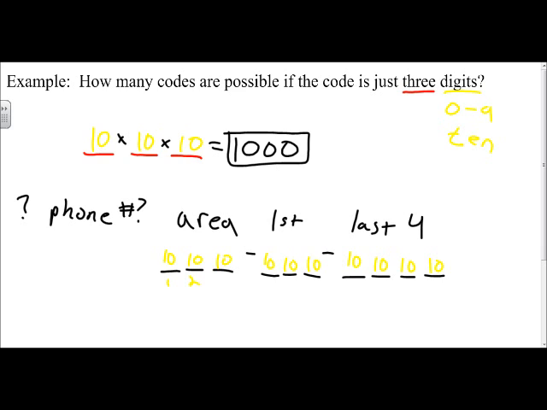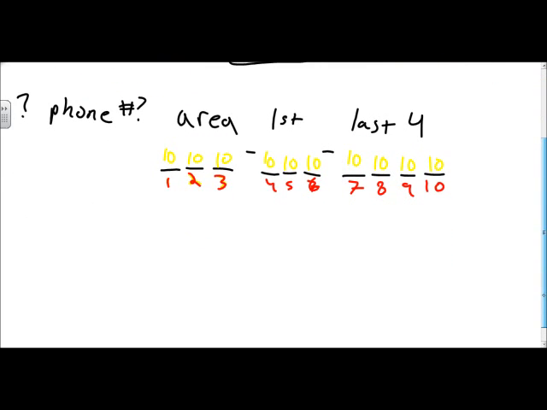And there are 1, 2, 3, somebody use red here, 1, 2, 3, 4, 5, 6, 7, 8, 9, 10 possible spots. So there are 10 combinations possible to the 10th power.